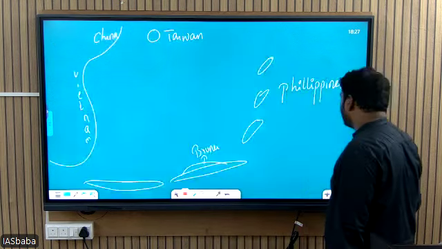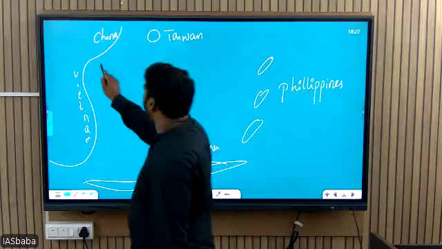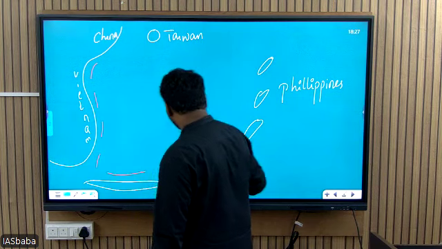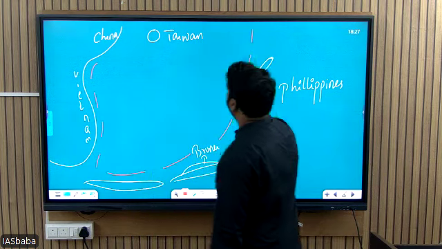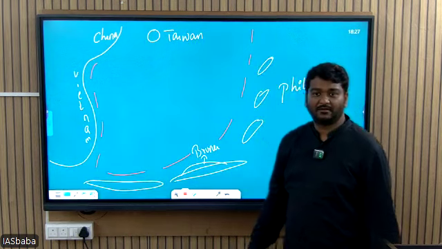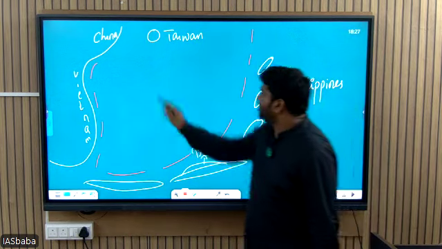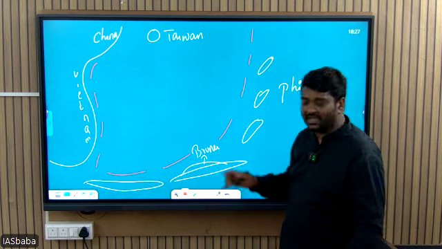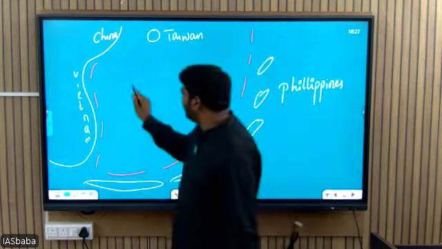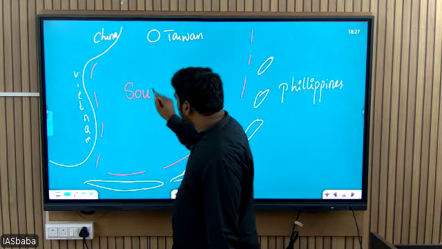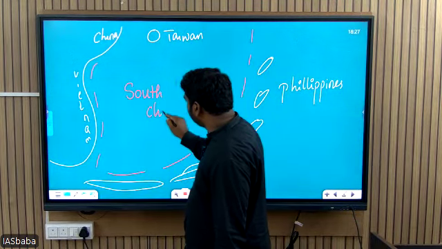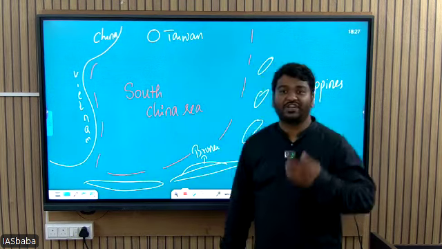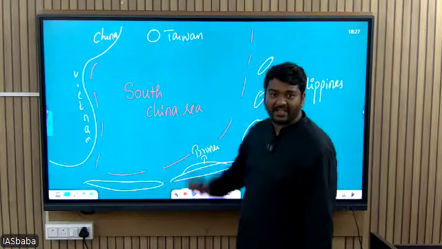So what China does is, China has drawn a nine dash line like this, and it claims the entire area, South China Sea, as part of China. China says the entire area is mine.